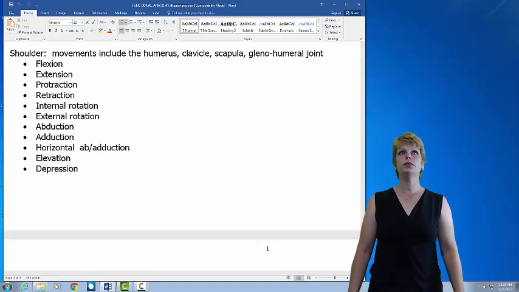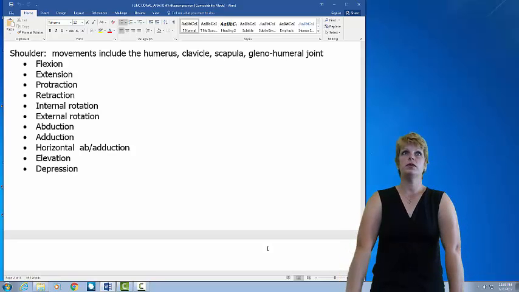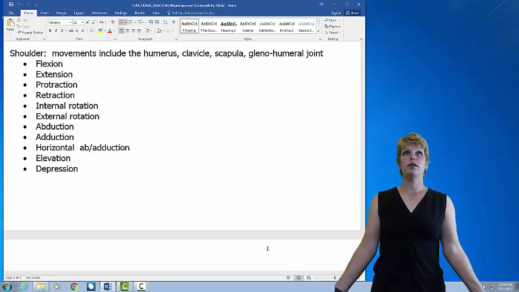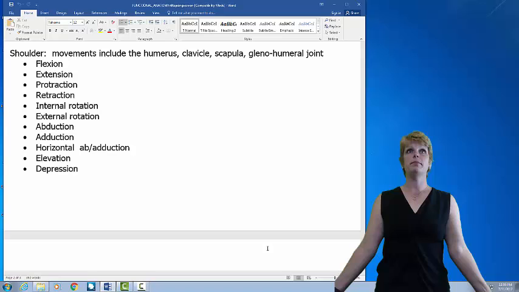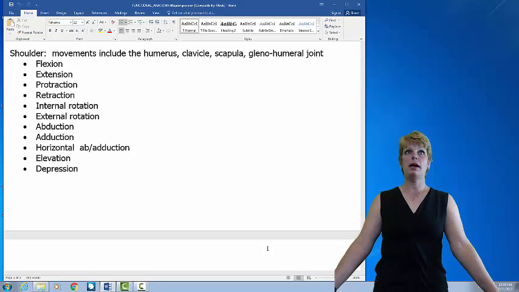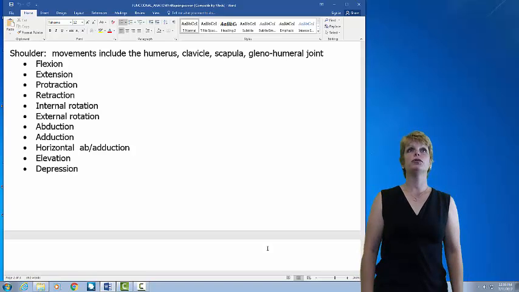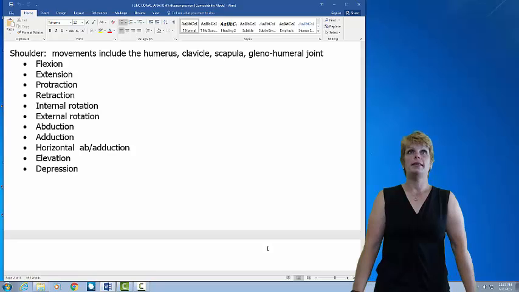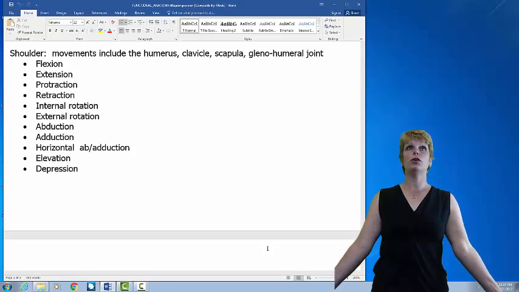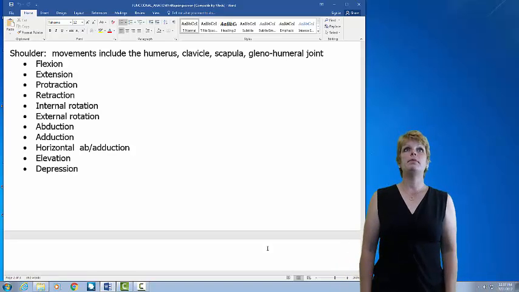Internal rotation of the shoulder, or medial rotation, takes from anatomical position, remember our starting point, and moves that body part anteriorly inward towards the body. External rotation would be taking the body part and externally rotating it outward away from the plane of the body. So there it is with the shoulder.